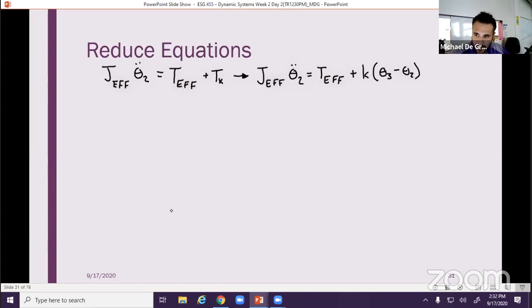Okay, so we got this. We'll algebra a little bit more. We're going to put our theta 2s on one side and everything else on the other.